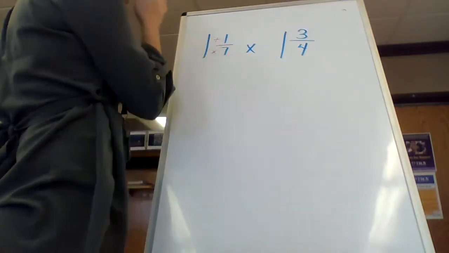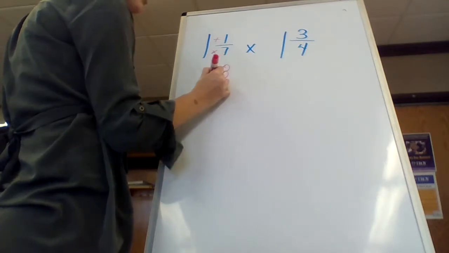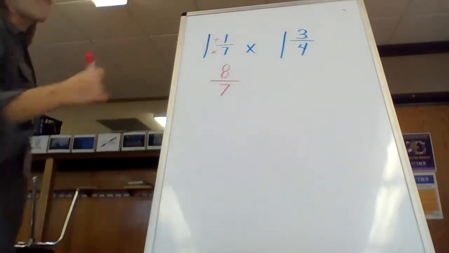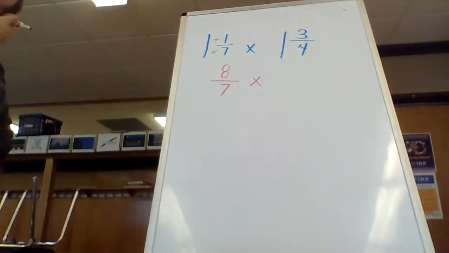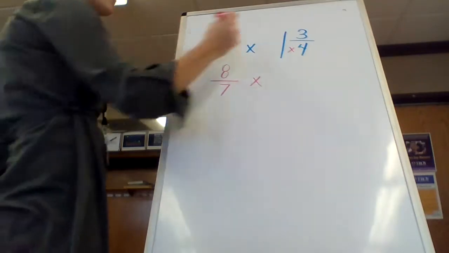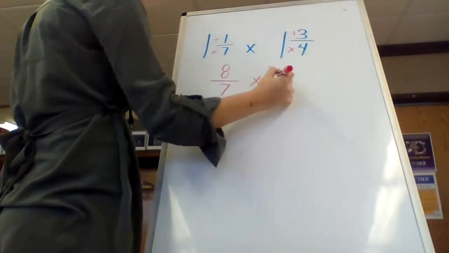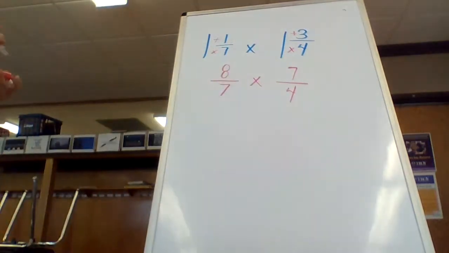So 7 times 1 is 7, plus 1 is 8. We now have 8/7. We'll do the same process with 1 3/4. 4 times 1 is 4, plus 3 more is 7. We keep the denominators the same.